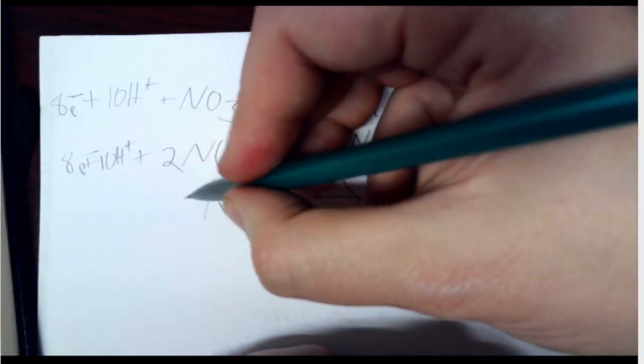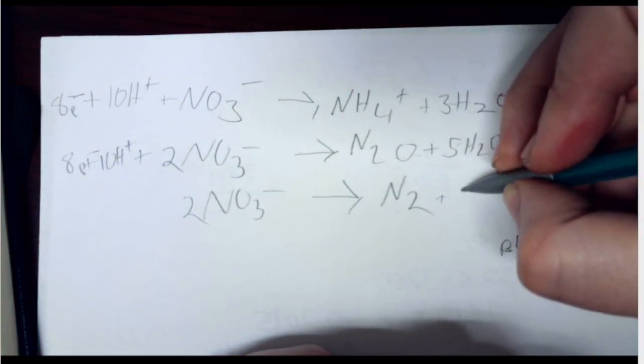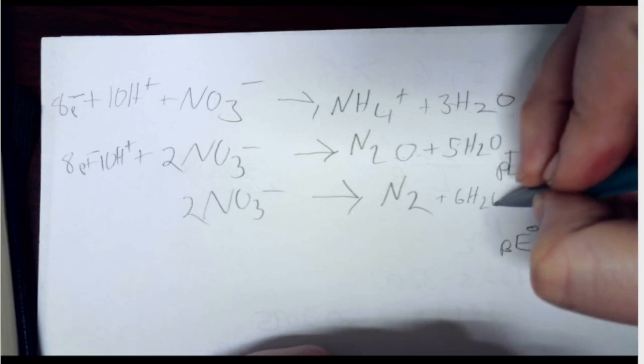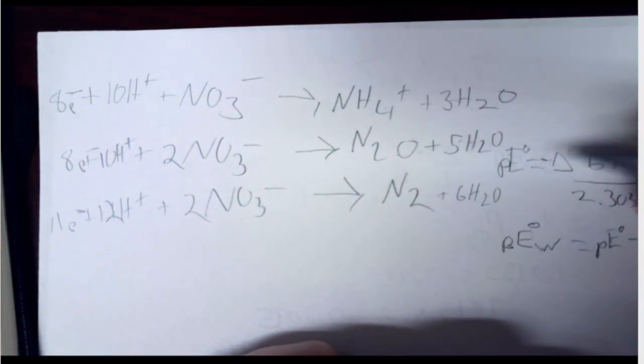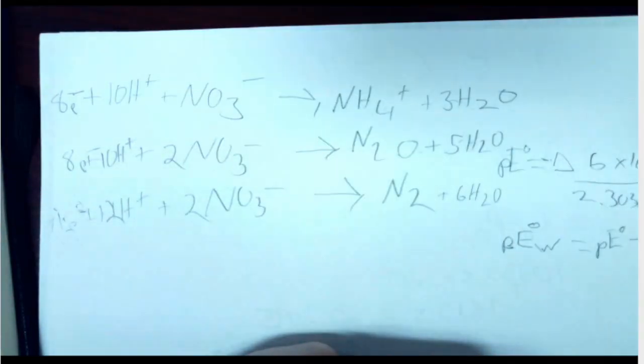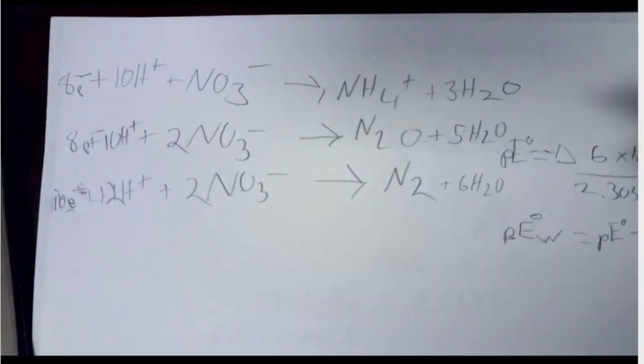And this one, double that. 6 waters, and that means 12 protons. And that's going to take 11 electrons. Actually, no, my bad. This one's going to be 10 electrons. 2 plus cancels those 2 minus.